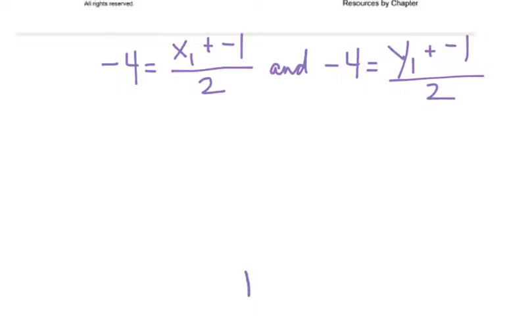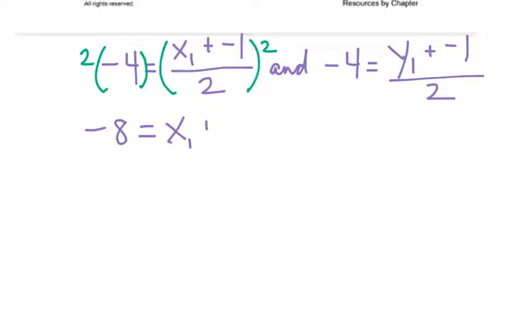So if you want to do this problem, then you have to multiply both sides by 2 because of the division by 2. Then on this side you have negative 8 equals x sub 1 plus a negative 1.